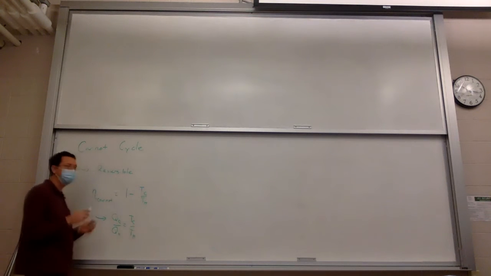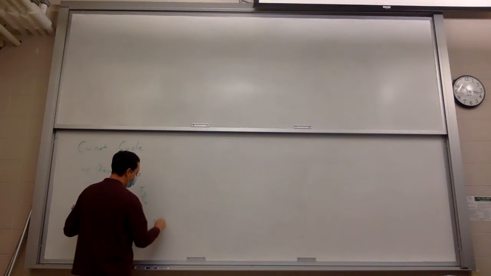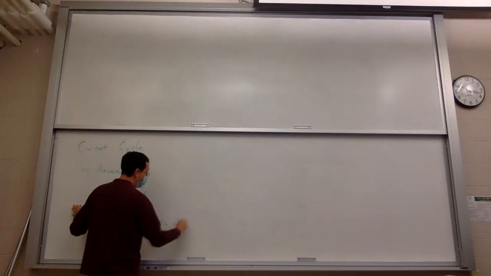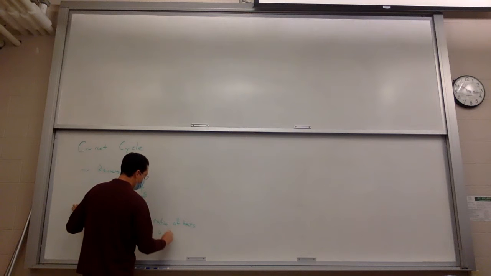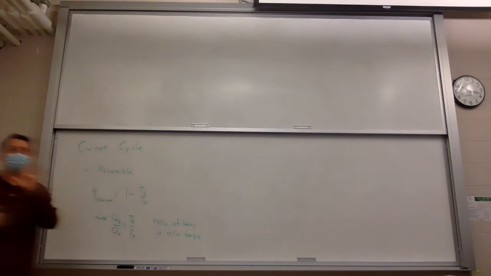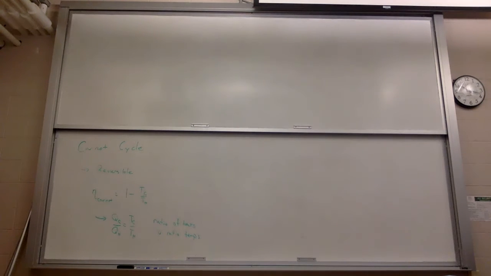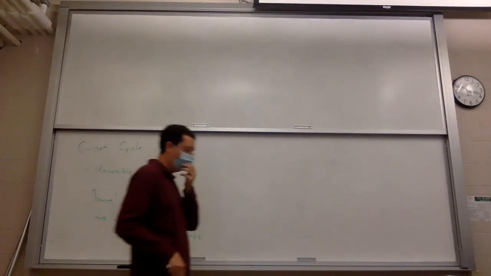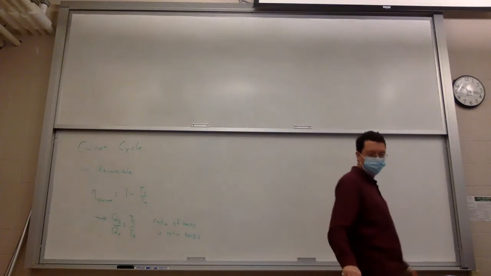So the ratio of heats is the ratio of absolute temperatures. That's the punchline, the summary statement. And that was true for reversible cycles.